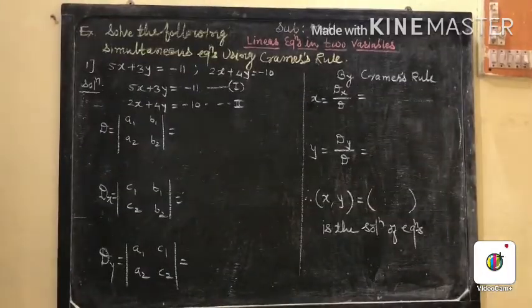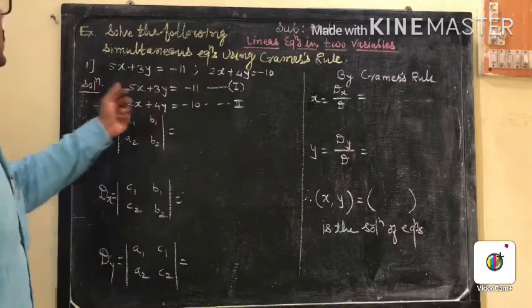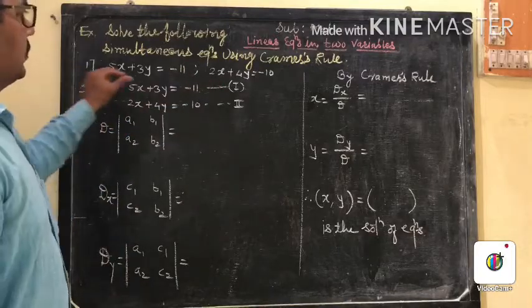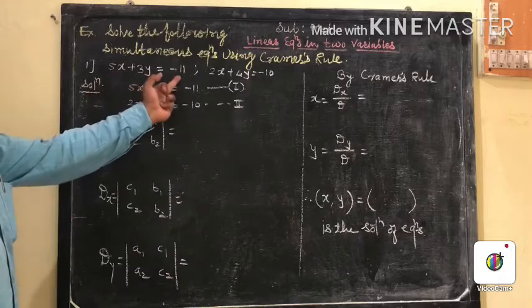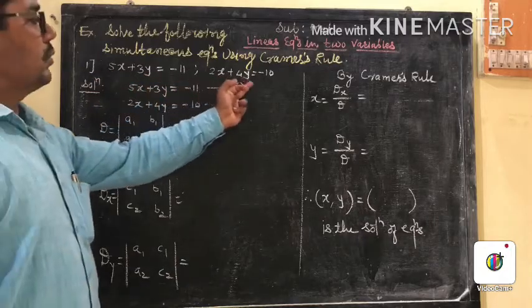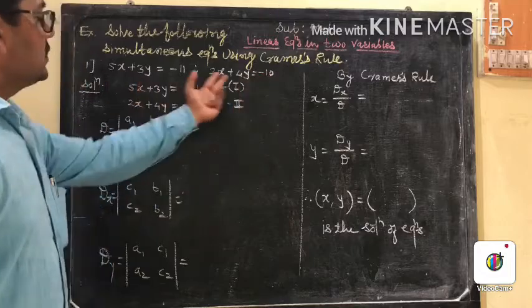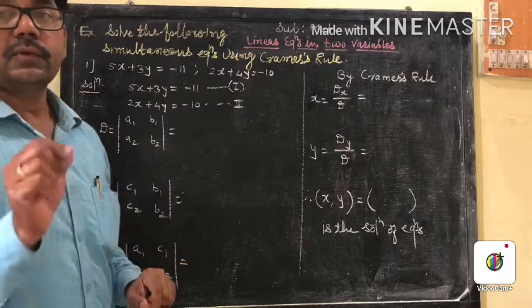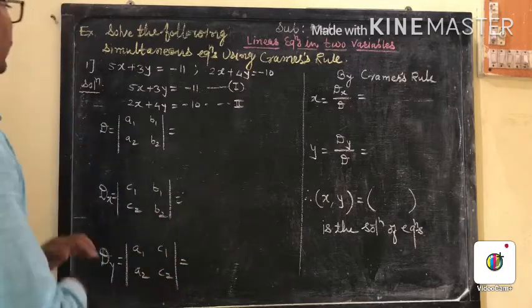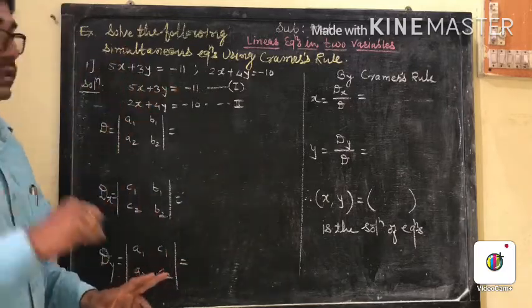Let us see, two equations are given here. We have to solve them using Cramer's rule. The two equations are 5x plus 3y is equal to minus 11, and 2x plus 4y is equal to minus 10. The equations are in the form a x plus b y is equal to c.